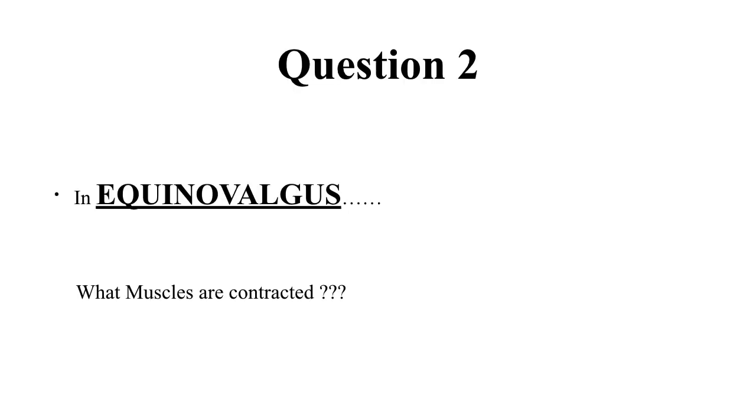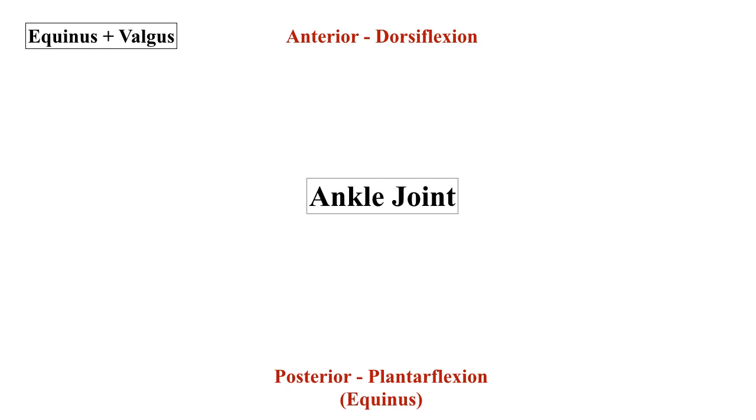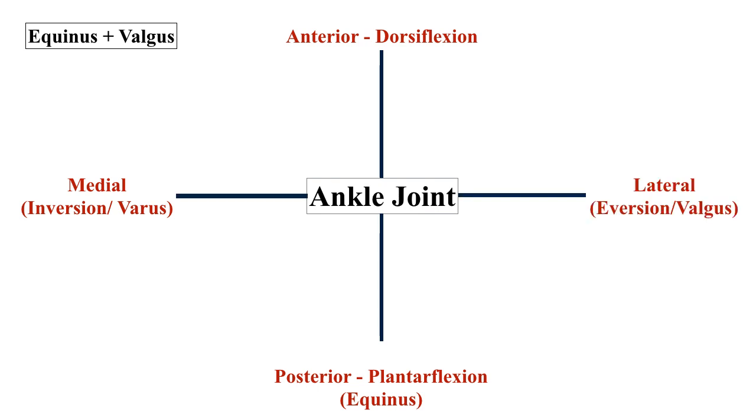Now similarly, question number 2, in equinovalgus foot, what are the muscles contracted? Again the same algorithm, it is equinus and valgus: ankle joint, dorsiflexion, plantar flexion, inversion, eversion, finish the quadrants. So it is equinus, which is posterior, valgus, that is lateral.